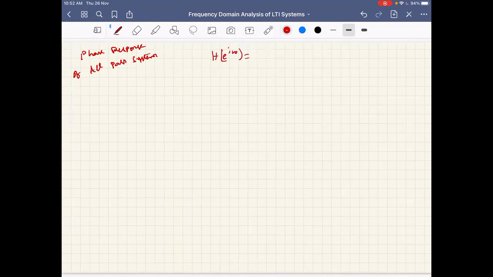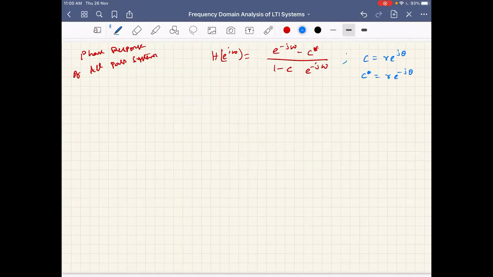Let us take this itself for ease of understanding. Right. So how do I write angle of H of e power j omega? Let us directly write the phase response of the system. To write the phase response, we define c to be R e power j theta. Okay, and c star hence will be equal to R e power minus j theta.